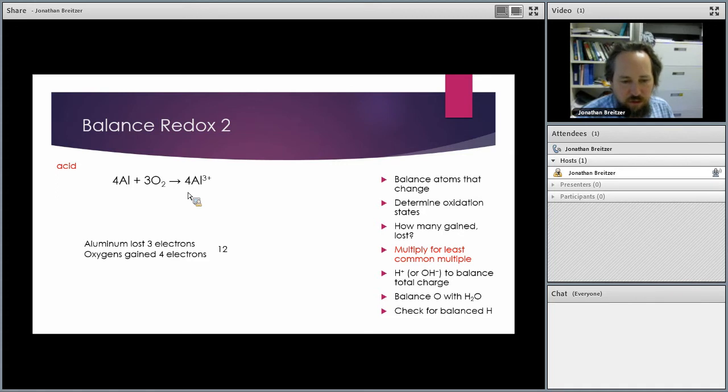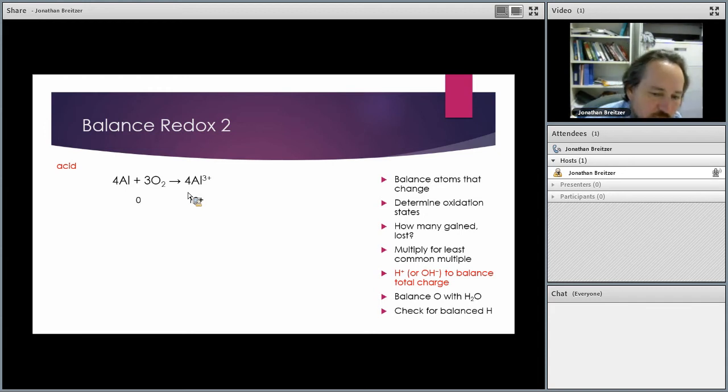Now we're going to look at the total charges and balances needed. What's the total charge on the left side? Keep in mind, if there's no charge explicitly written, it's 0. So sure enough, the total charge on the left side is 0, and the total charge on the right side, 12 plus.